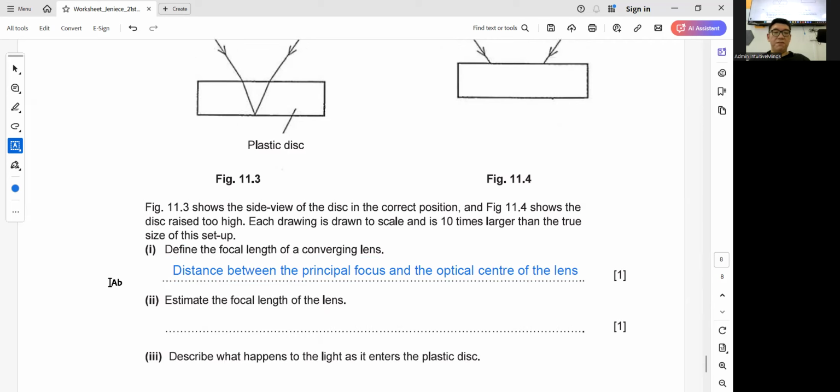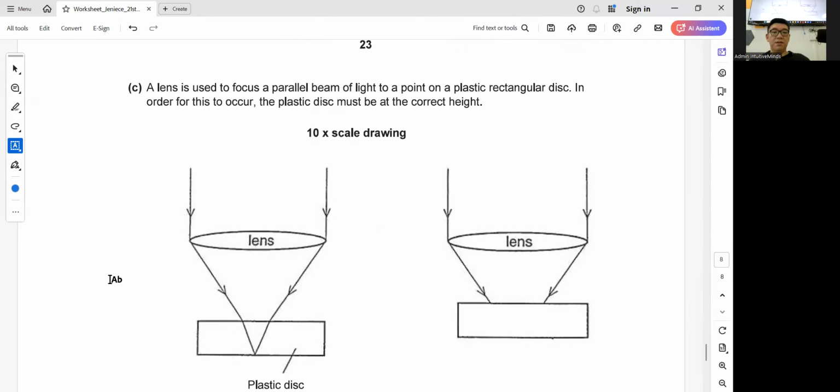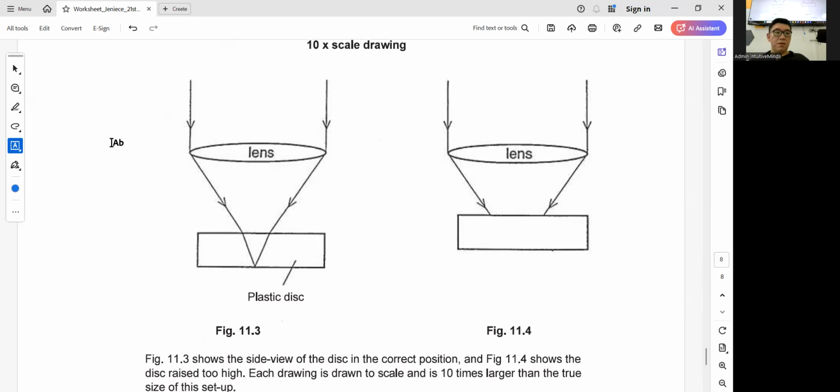Estimate the focal length of the lens. So you will need to draw this inside, and then you can continue this one, because the plastic is the one that causes the light to bend.